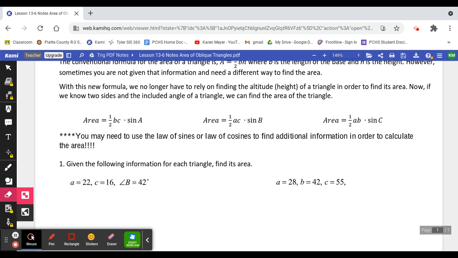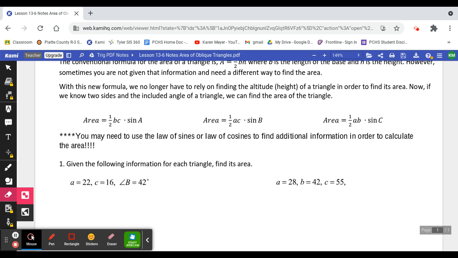The area of the triangle is going to equal 1/2 times little b times little c times sine of big A, or you could do 1/2 ac sine of big B. You're going to notice that you're using the two little sides, and then the angle is an angle that's not the little side. So like if I have little a, little c, then the angle has to be B.